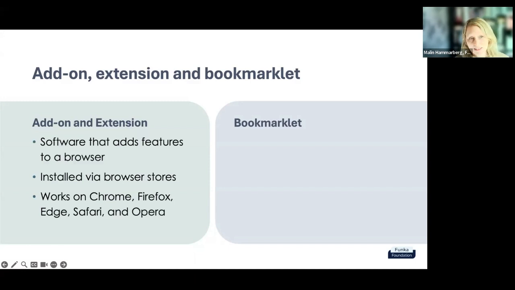There are add-ons and extensions for all the different browsers. I would say it's easier to find for Chrome, Firefox, and Edge. Safari is a bit harder to find the right tools for sometimes. And then we have Opera that I don't use that much. But there are add-ons and extensions for Opera as well.